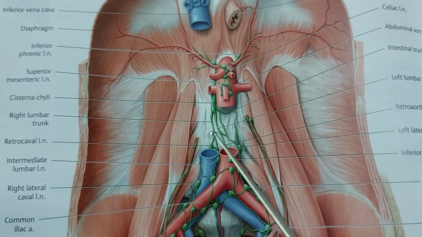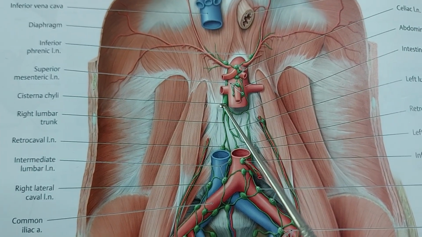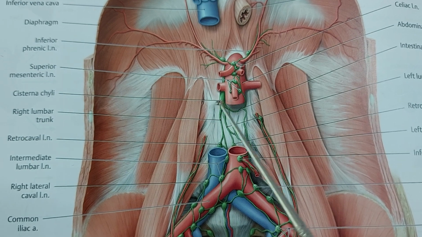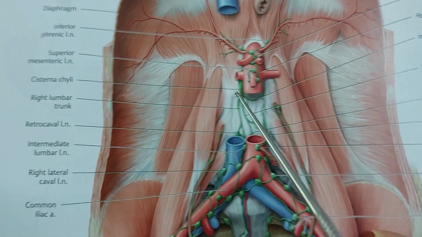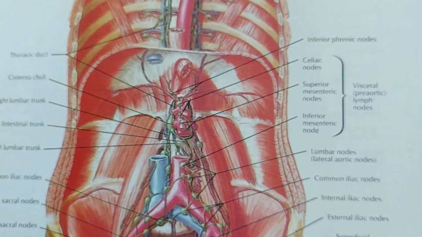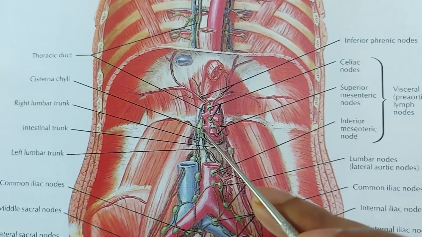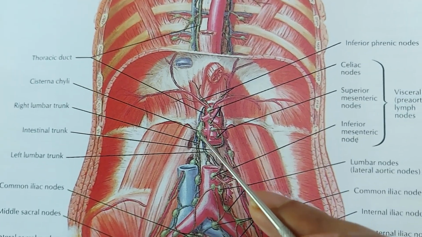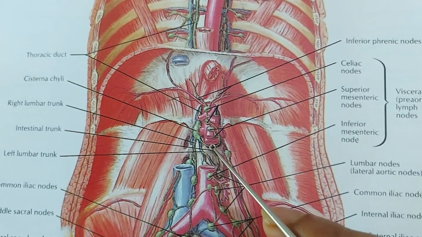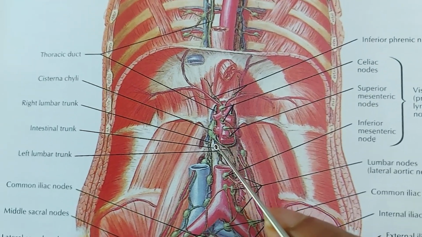These intestinal and lumbar trunks unite to form the cisterna chyli on the right side of the abdominal aorta. Here we see the detail of these lymph nodes and lymphatics. Here is the cisterna chyli, formed by the intestinal and lumbar trunks.